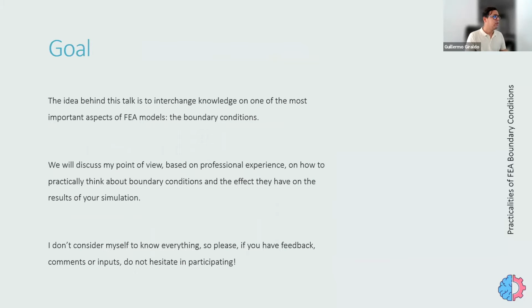So the goal of this talk is just to interchange some knowledge and experiences from my, say, 15 years of experience with FEA, on what I consider to be one of the most important aspects of building FEA models, which are the boundary conditions.